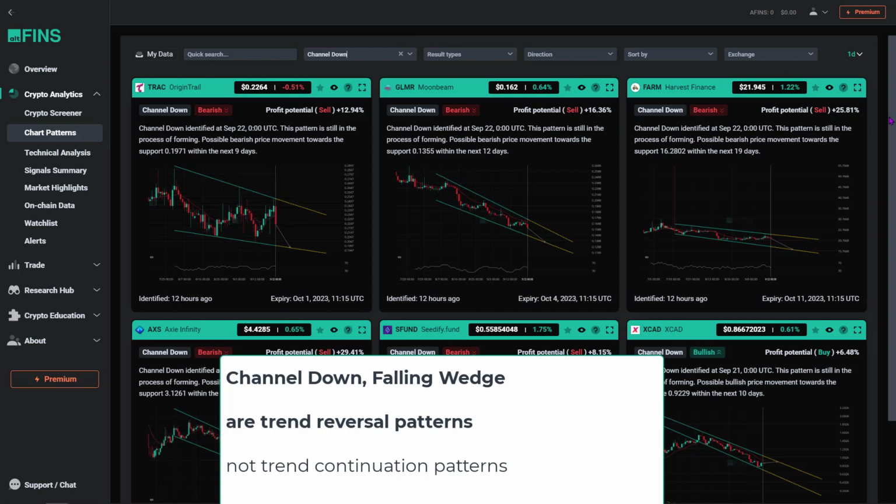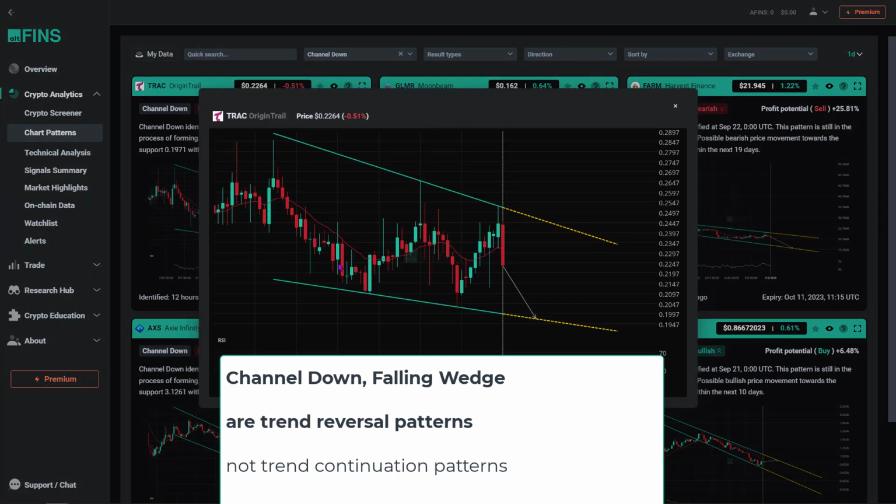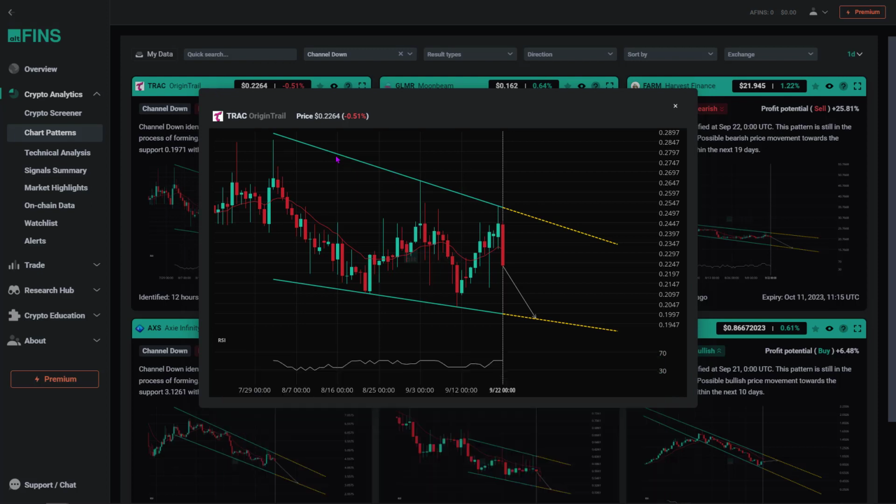What that means is, let's just take the first one as an example, the price is in a downtrend, consolidating, bouncing between these two more or less parallel lines, the resistance trend line and the support trend line. And clearly the bears are in charge. The price is making lower highs and lower lows, which is also a sign of a downtrend.